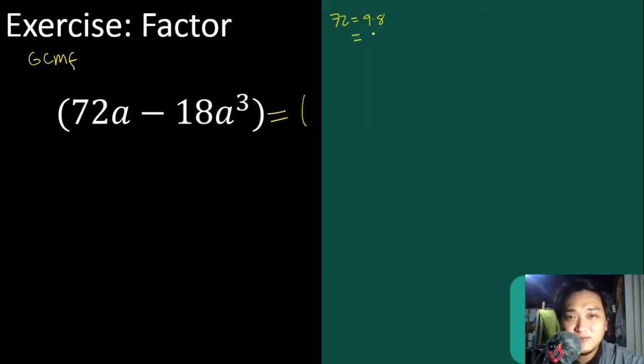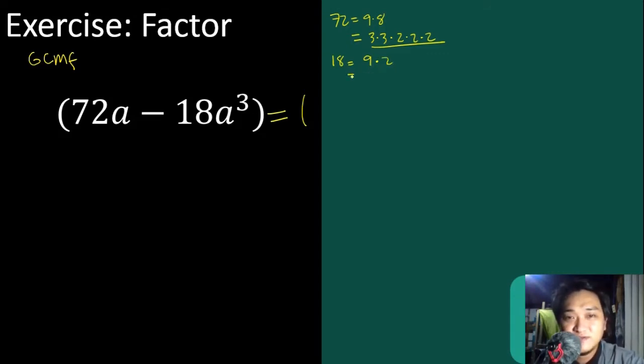We can have 3 times 3 times, ang factor ni 8 is 2 times 2 times 2. Ayan. How about si 18? Si 18 is the same as 9 times 2.